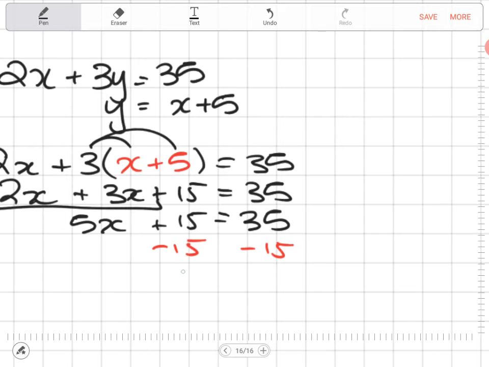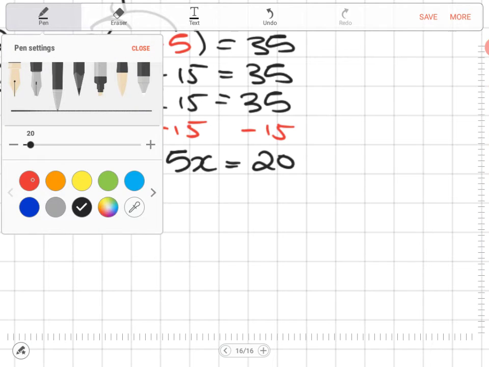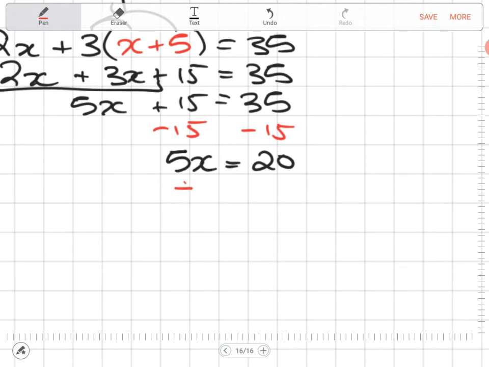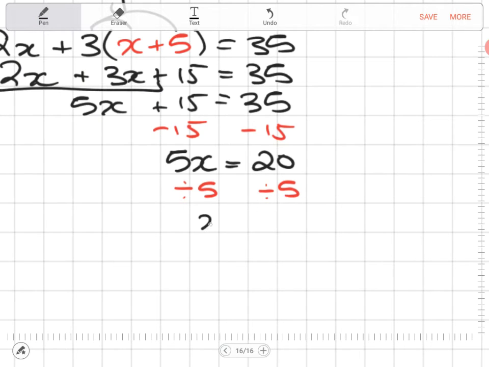So 5x equals 20. Divide by 5. x is equal to 4.